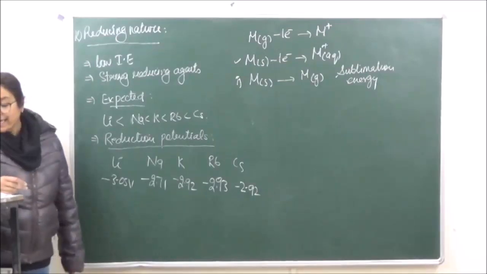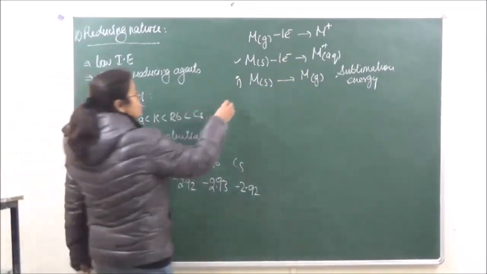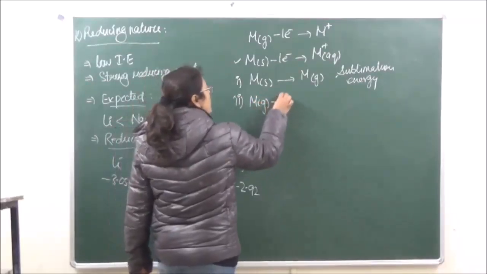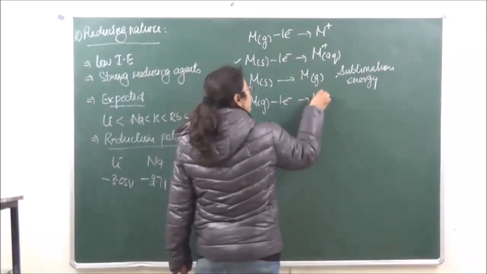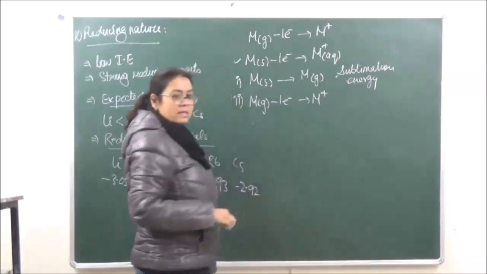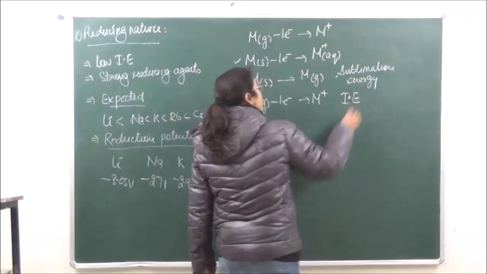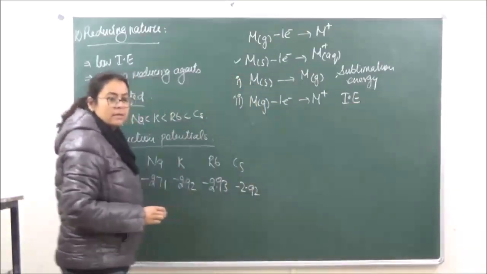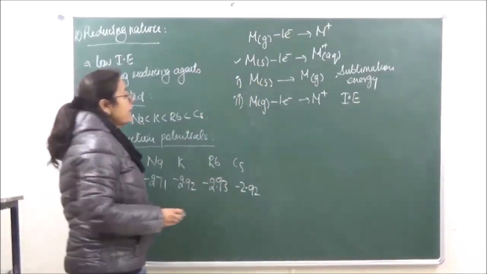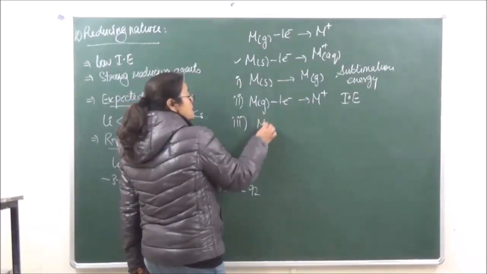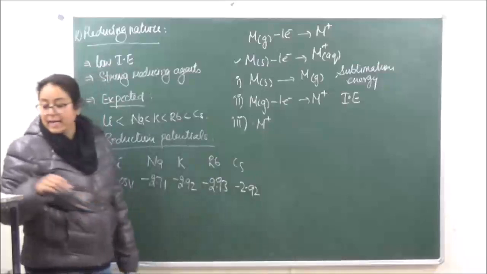ठीक है? The second step is, now this gaseous state M gaseous will lose 1 electron to go into M positive state, and the energy which is required over here is going to be ionization energy. And then the third step, this M positive is now going to get hydrated.